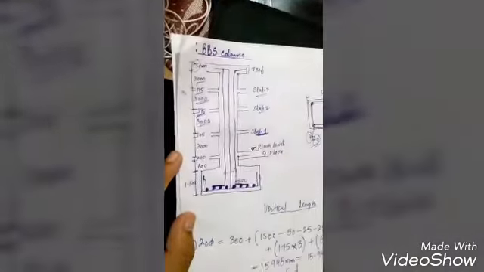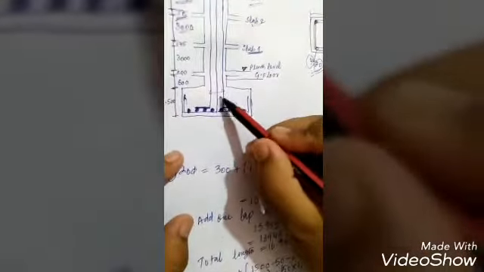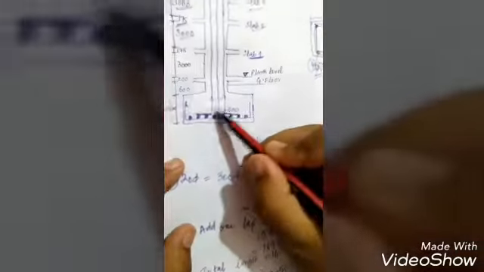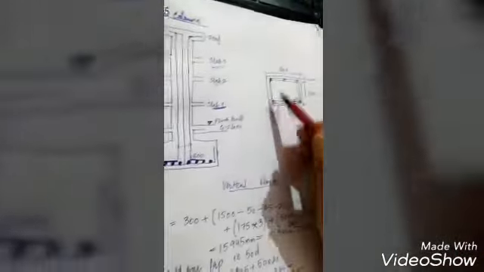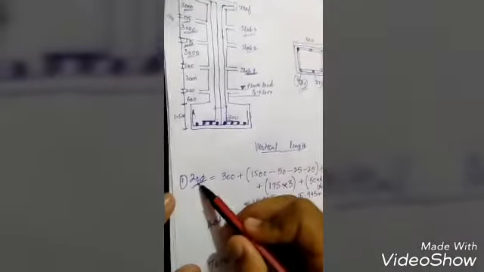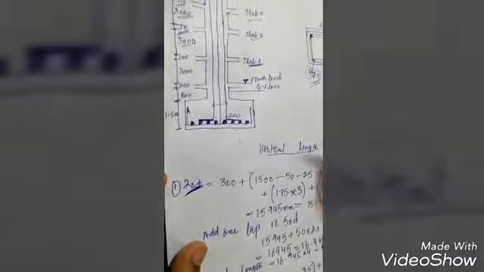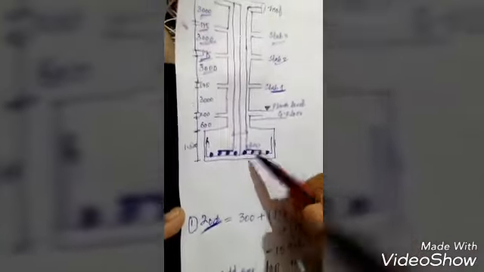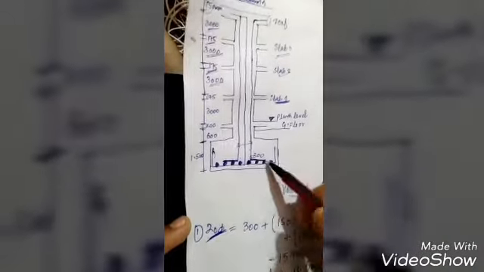So we will talk about the vertical length. What will be the vertical length of this BBS column? If I first talk about this bar, we have 4 numbers of 20 mm bars, 1, 2, 3 and 4. So if I take the first 20 dia bar, I will calculate all the length. First I will take the L length, it is 300.